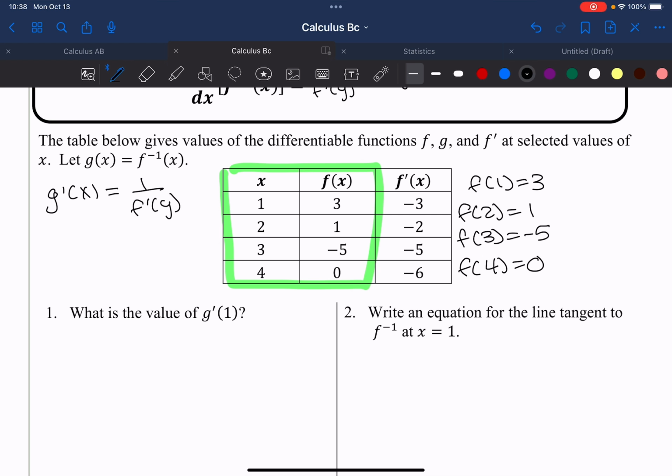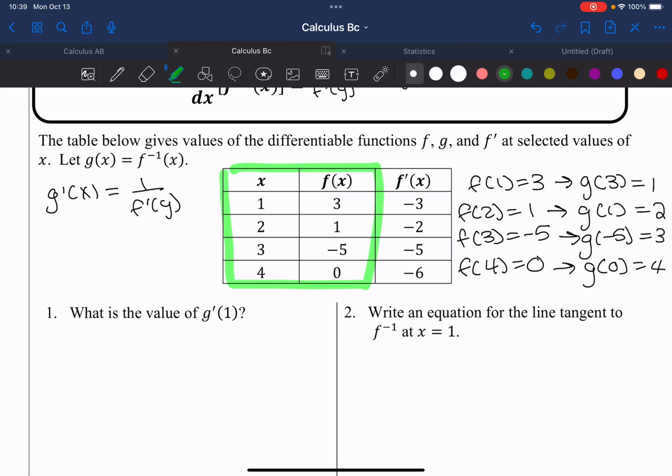If we translate this into g of x, we have to flip the x and y values, which means that g of 3 is equal to 1, g of 1 is equal to 2, g of negative 5 is equal to 3, and g of 0 is equal to 4.